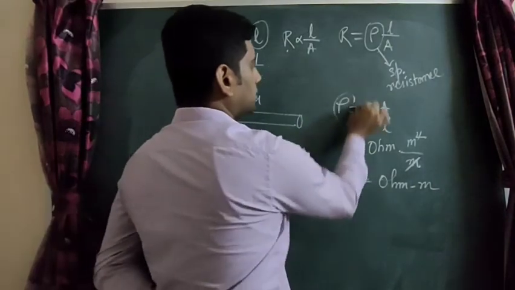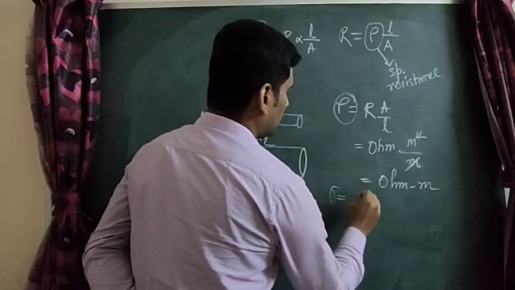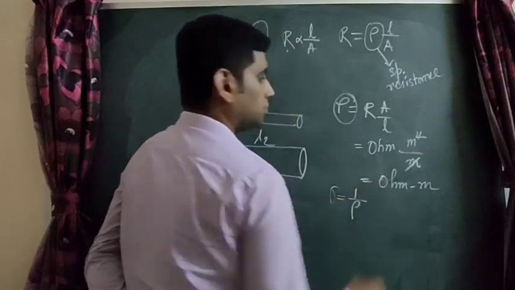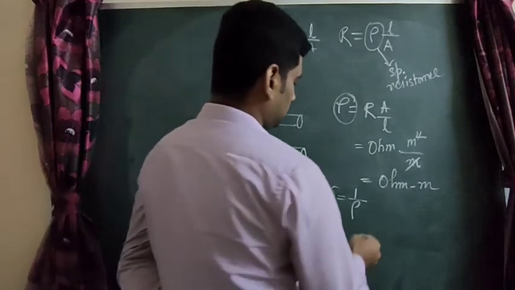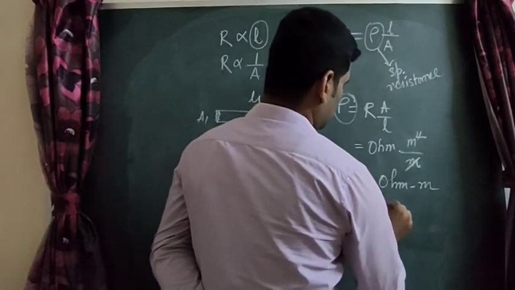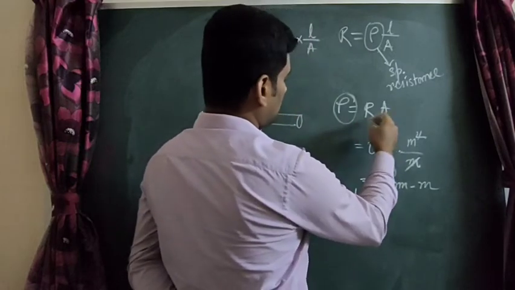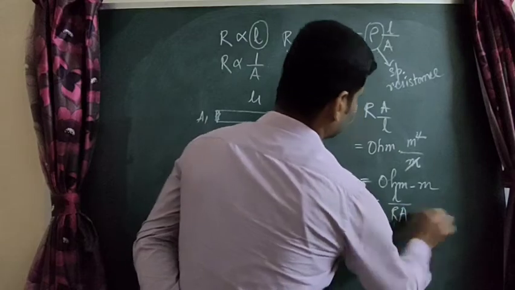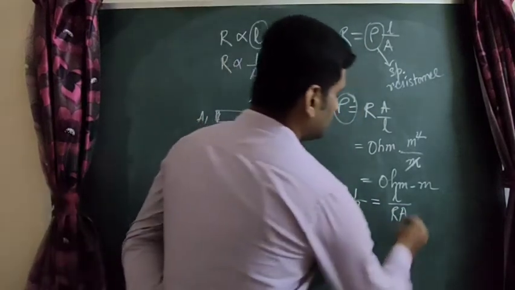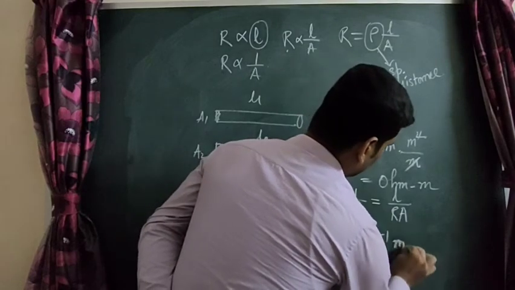And the opposite of this rho, 1 by rho, is known as conductivity, or conductance. Rho equals R A by L, so it will give L by R into A. The unit is ohm inverse meter inverse.